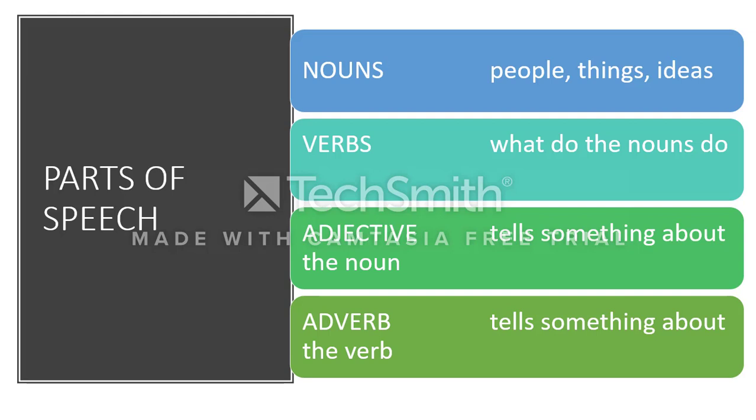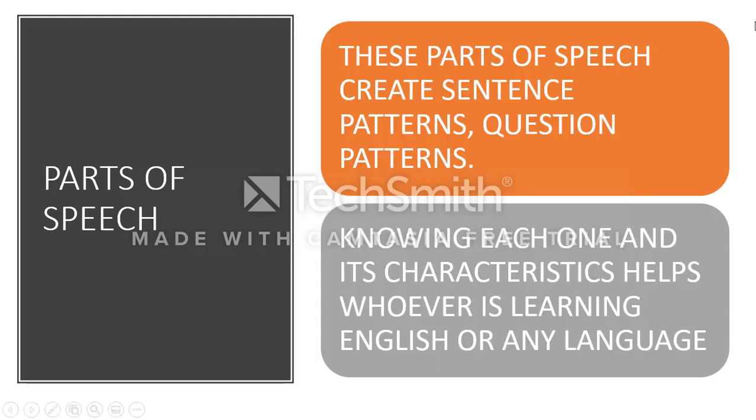To put this together, you have linkers, prepositions, clauses, phrasal verbs, all the other parts of speech that we have revised. And now we are just going to mention this. Why? Because these parts of speech create a sentence pattern, a question pattern. And these are also determined by tenses, for example.